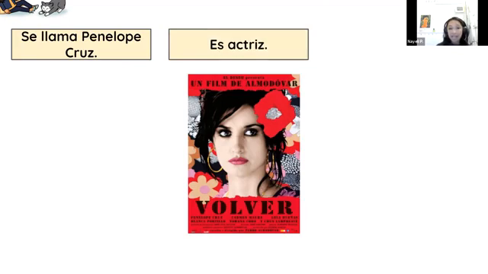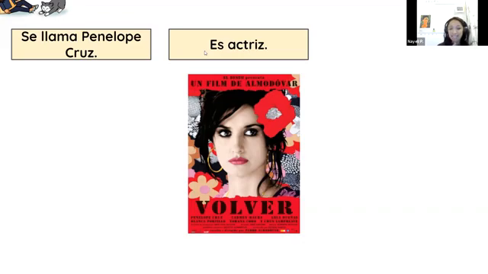Penélope Cruz es actriz. See how this part repeats? Act, actuar, actor, actriz. They all come from the same roots. Act. Es actriz.